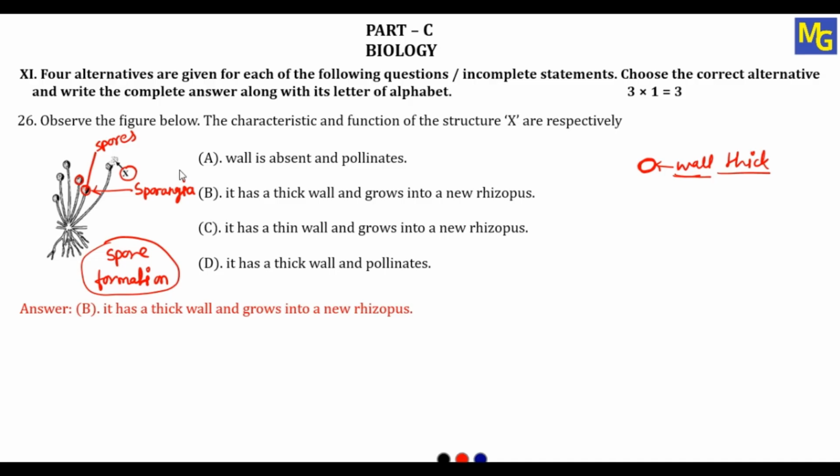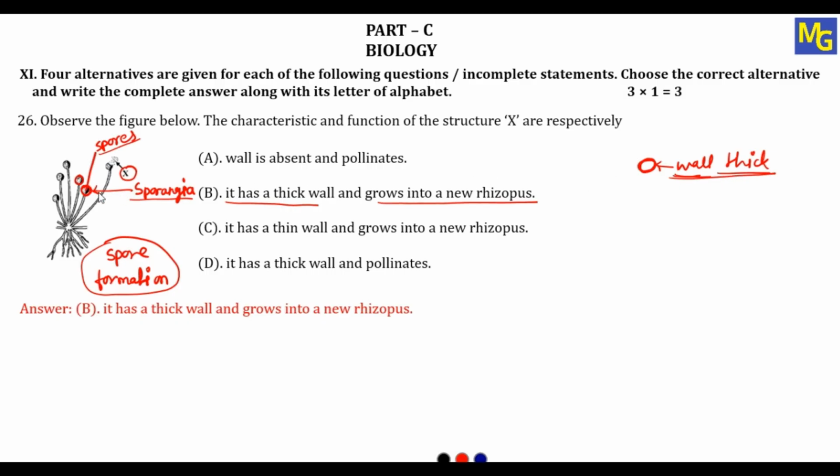Therefore, if you see the answer options, it has a thick wall and grows into a new rhizopus. This is the correct option for this question. I hope you understood. I told you these circles are sporangia, the bag-like or sac-like structures inside which there will be spores. Spores are the structures which will grow to give a new rhizopus. These spores have a thick wall. Why do they have a thick wall?